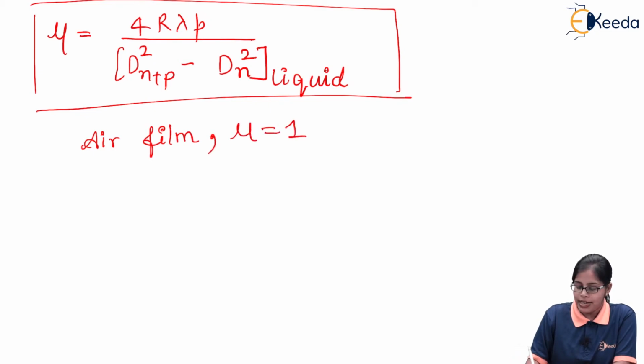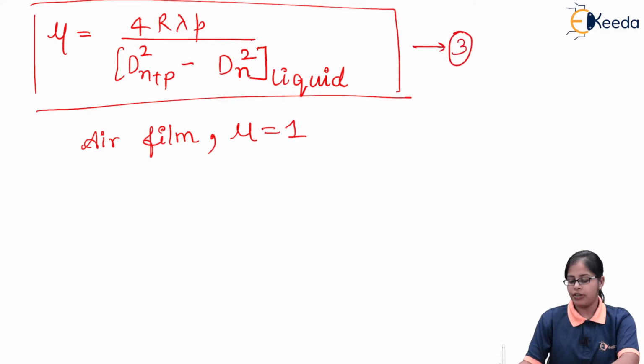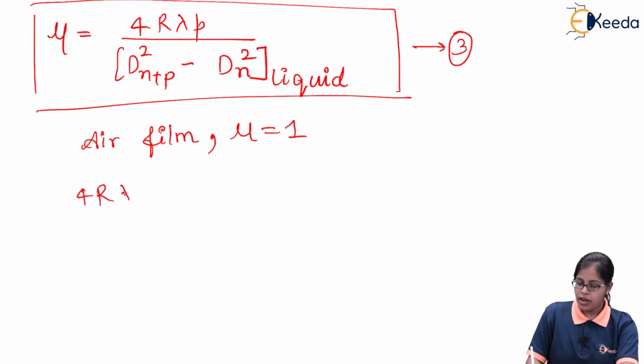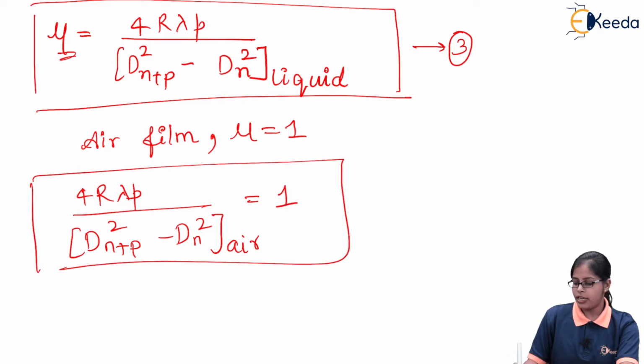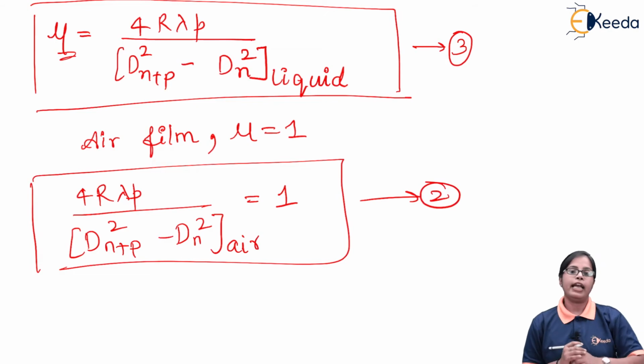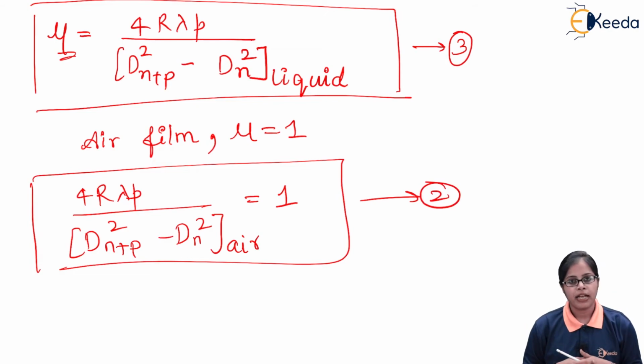So equation 3 will get modified for air film as 4Rλp divided by D(n+p) squared minus Dn squared, and for air film mu is taken to be 1.